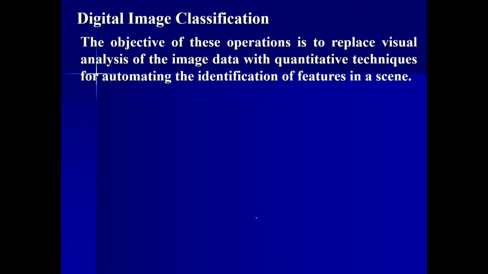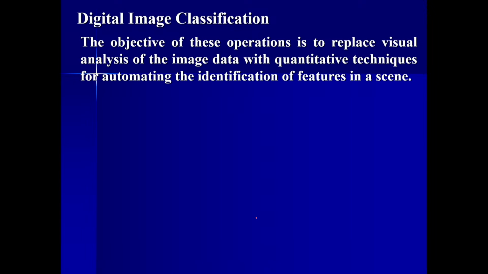Then coming to digital image classification, the objective of these operations is to replace visual analysis of the image data with quantitative techniques for automating the identification of features in a scene. That means previously there were hard copy images on paper print, and on that people did visual interpretation, mapping the forest boundary, water boundary, built up boundary like that.